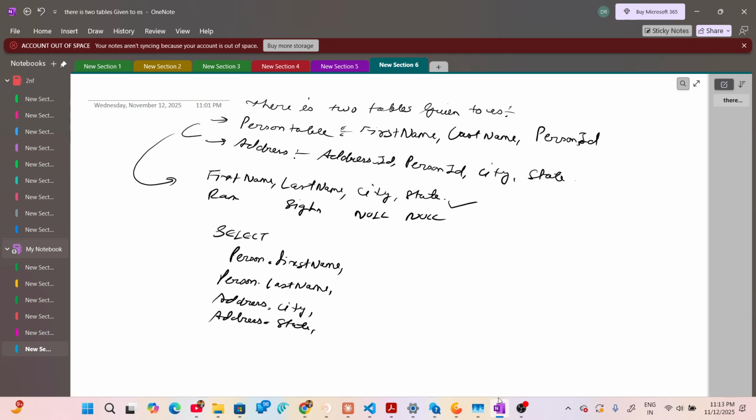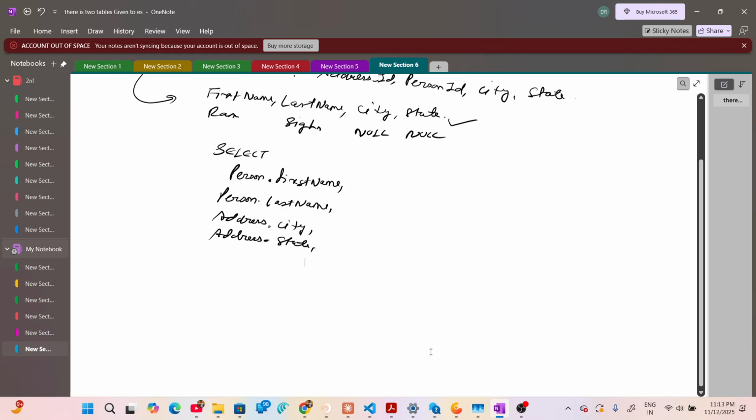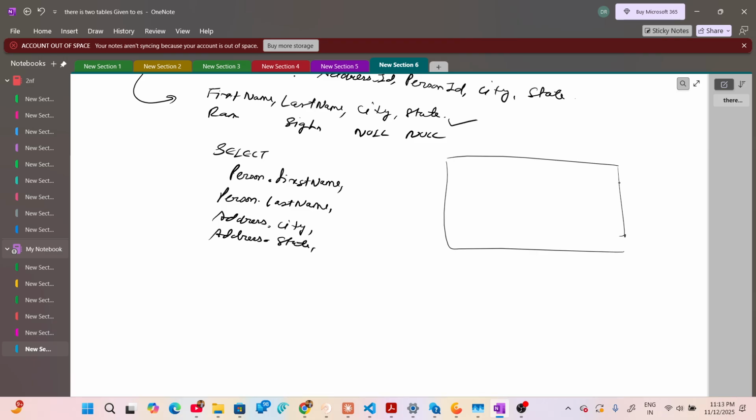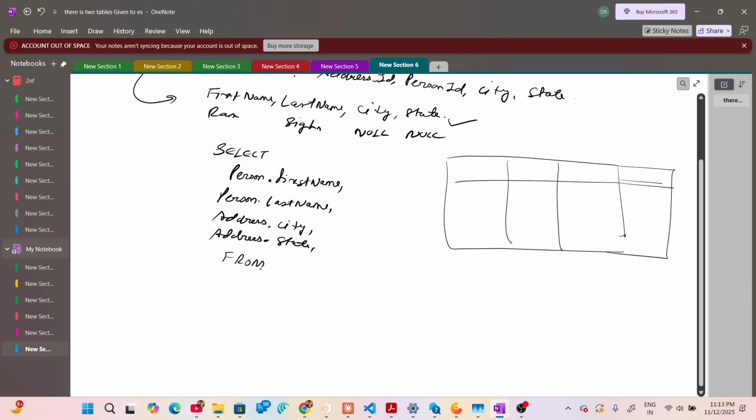In this case we have to print all these variables. So I just have to make one table with all these four variables: first name, last name, city and state.